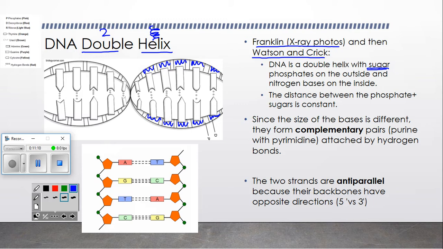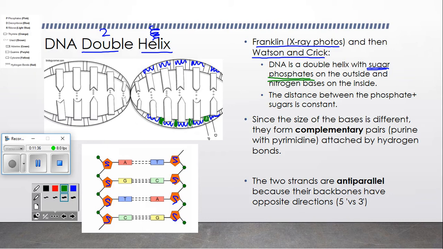On the picture on the bottom, I have these pentagon shapes, kind of like the nucleotide pictures I showed you before. So here's the sugar. There's also phosphates on the outside.